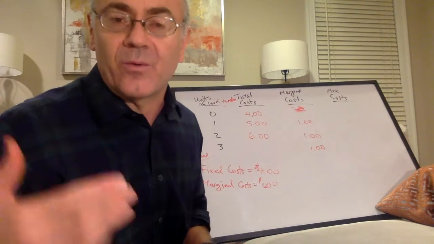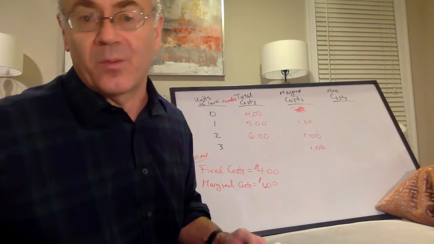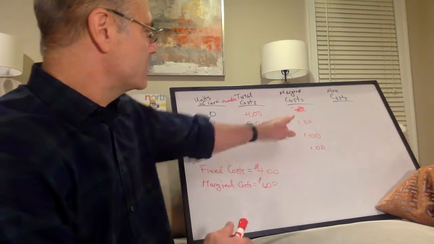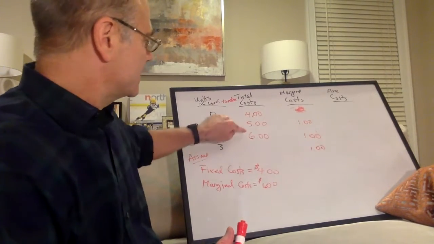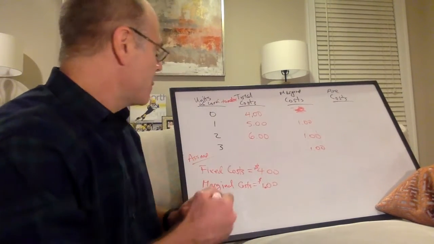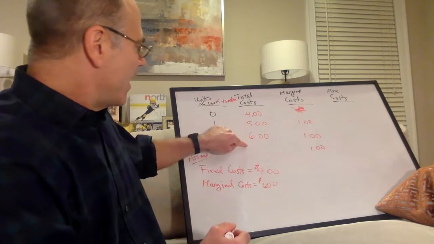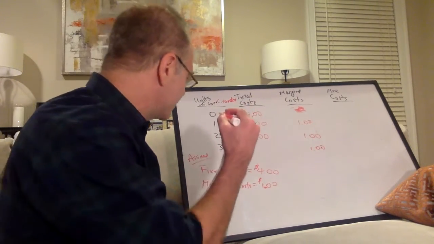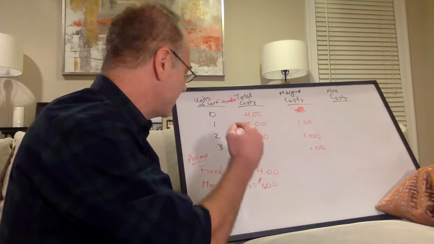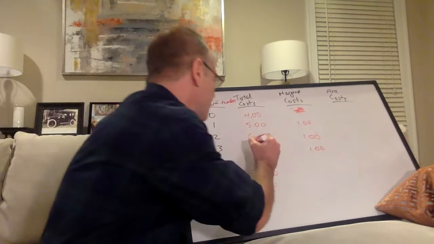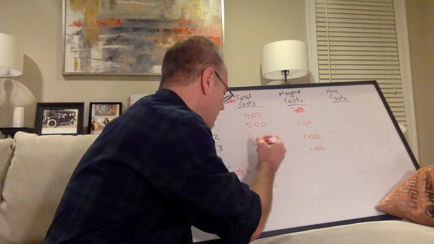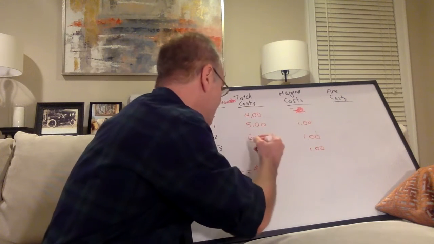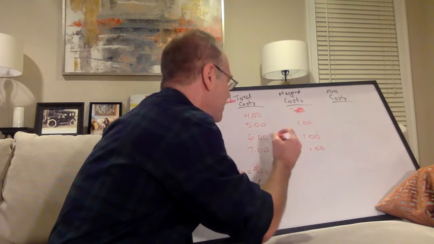Each bushel requires $1 unit of labor, so it's going to be $6. Again, marginal cost is 6 minus 5, so we got 1. Finally, 3, the total cost when you produce 3 bushels of tomatoes is going to be fixed cost 4 plus the labor cost of 3, so we get 7. Okay.